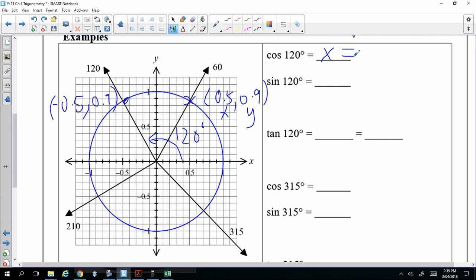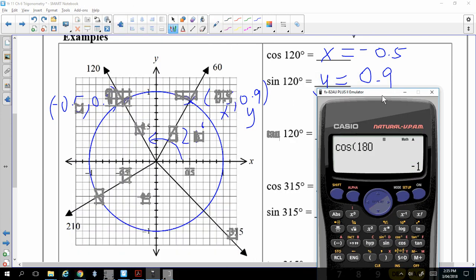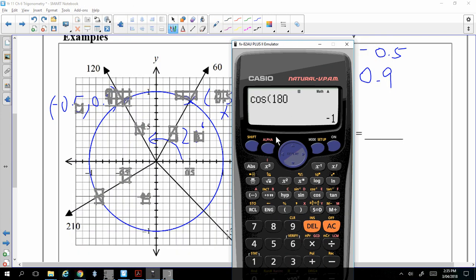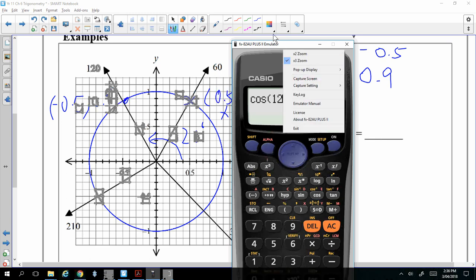Let's check whether it works. We can use your calculator and press cos 120. You get negative 0.5 as expected. And if I do sine 120, I should get 0.9, correct to 1 decimal place. All right, get the idea?